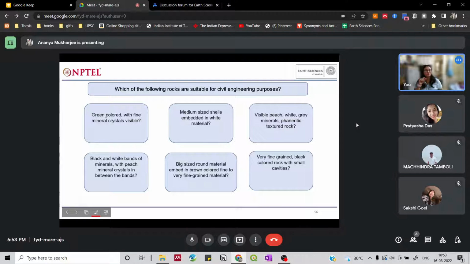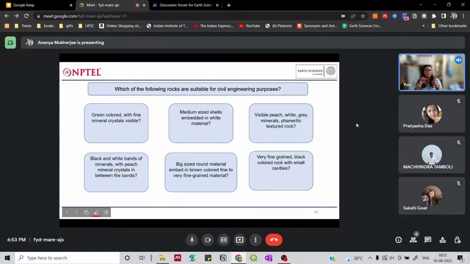Suppose your first rock is green in color with fine mineral crystals visible, and I will go a step ahead and call these visible crystals the olivine group. Olivine forms in igneous rocks, so the first clue is that it's an igneous rock.